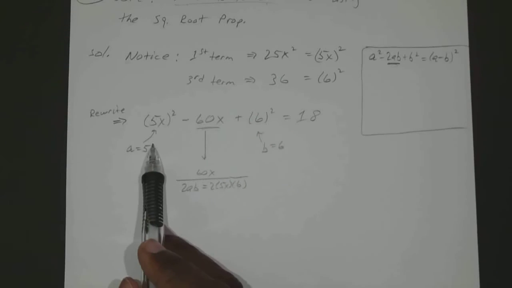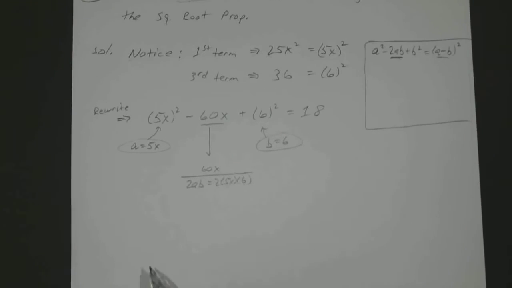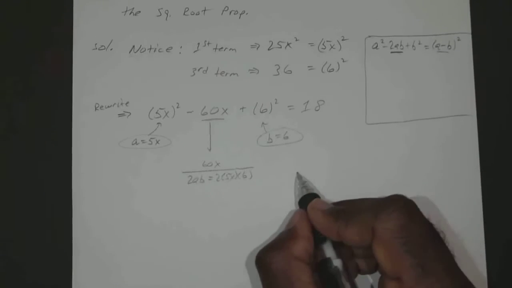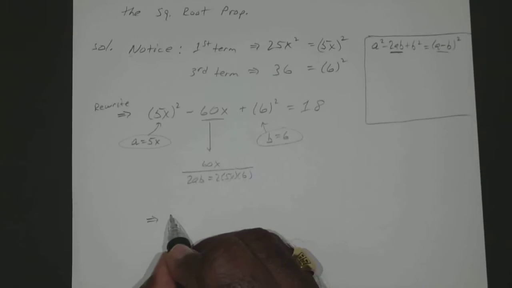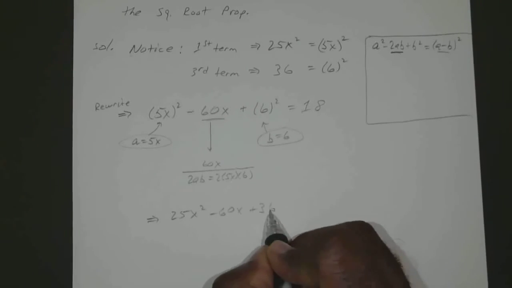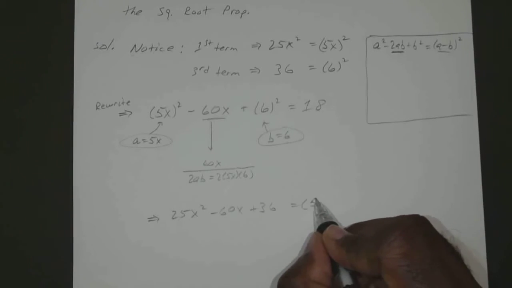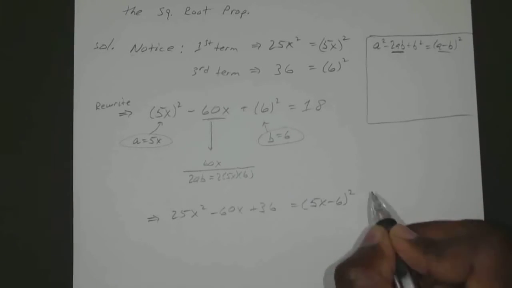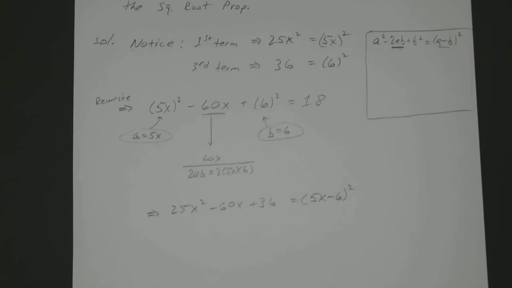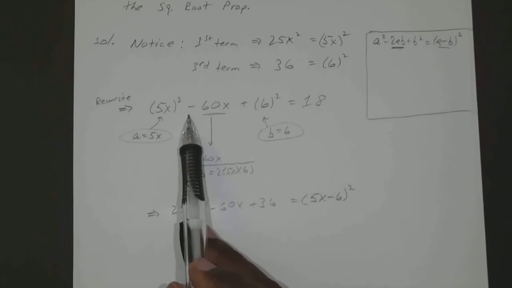So that means we can just plug this a and this b into that formula. So we can see there that 25x squared minus 60x plus 36 is equal to (5x minus 6) squared. Whether or not you use the plus or minus all depends on that middle sign.